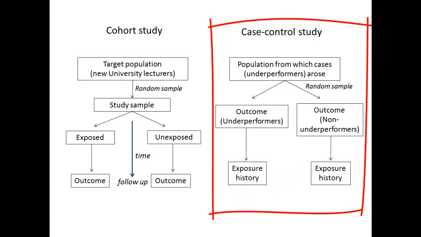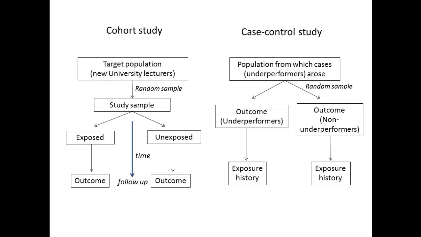The general feature of the case control design is that individuals are selected to participate on the basis of whether they have the outcome, and we then look back in time to measure the exposure. In the cohort study, we select people before they have the outcome of interest.